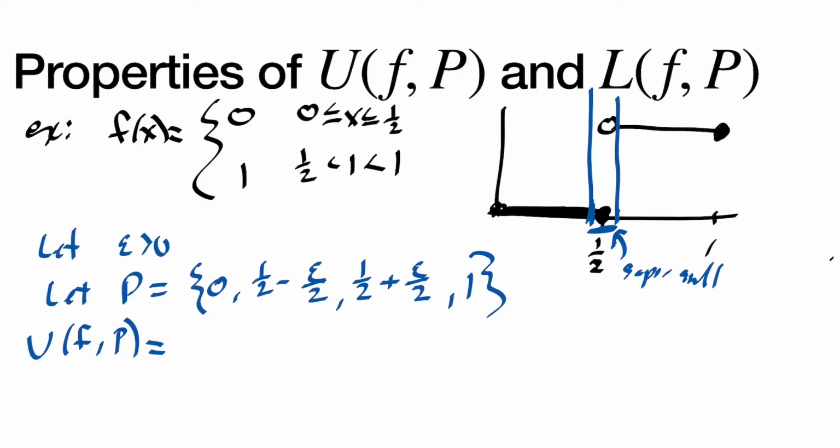So my upper Riemann sum on the first section is going to be, let's call this M1 delta x1 plus M2 delta x2 plus M3 delta x3.